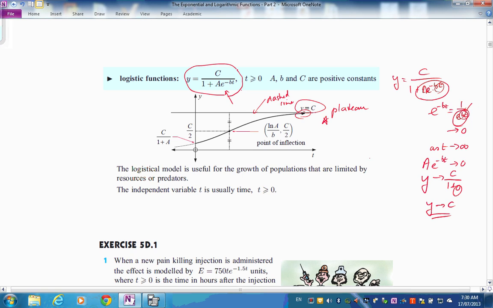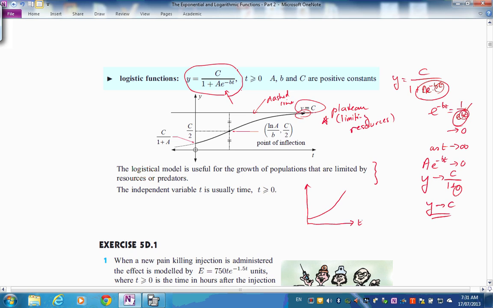Alright, so this is an application in biology. The logistic model is used for the growth of populations limited by resources. So it plateaus due to limiting resources. And that's why it's called the logistic function. Because it's not practical to have a function always just increasing.